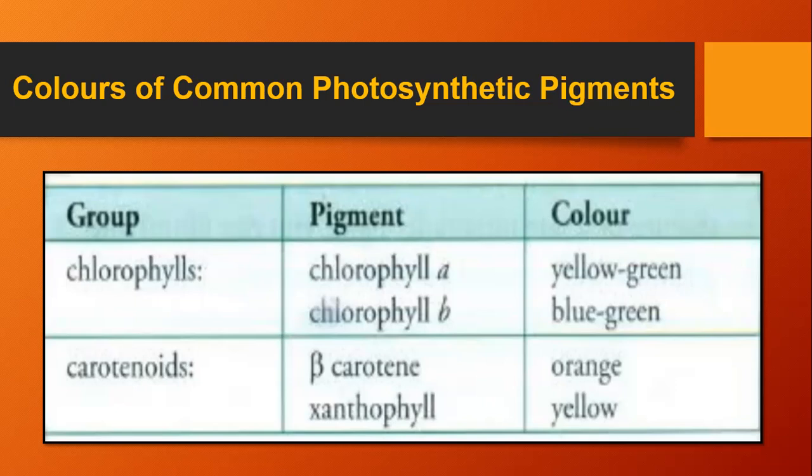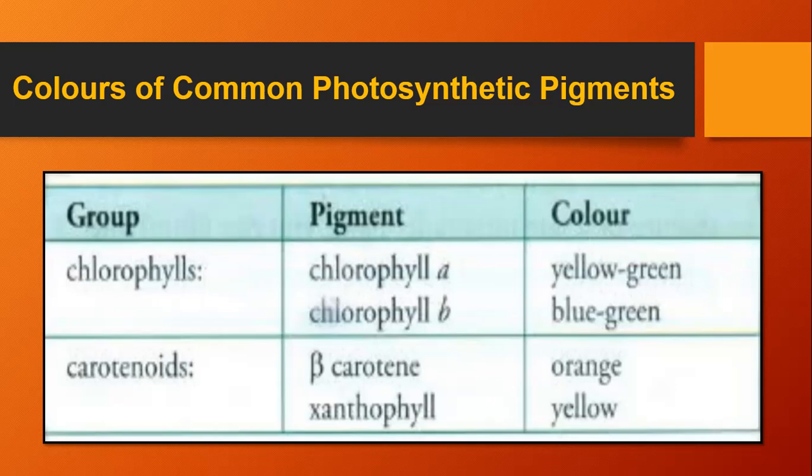And carotenoids usually absorb mainly in the blue-violet region of the spectrum. As far as their colors are concerned, chlorophyll A is yellow-green, chlorophyll B is blue-green, beta carotene is orange, and that's why the color of the carrot is because of the presence of carotene. That's why the word carrot was also given, because of the presence of carotene in the carrots.